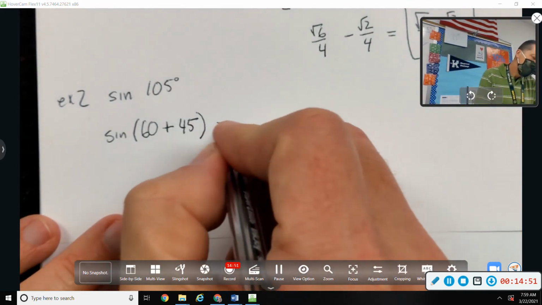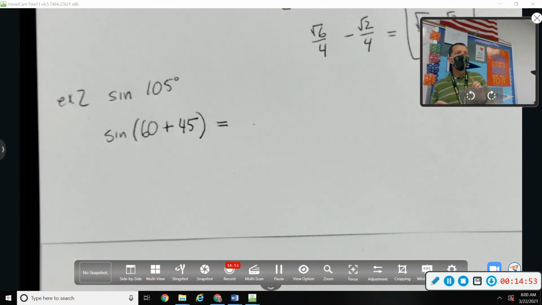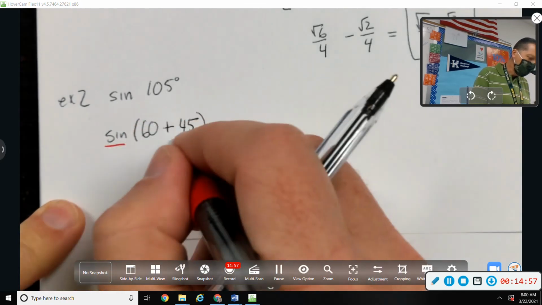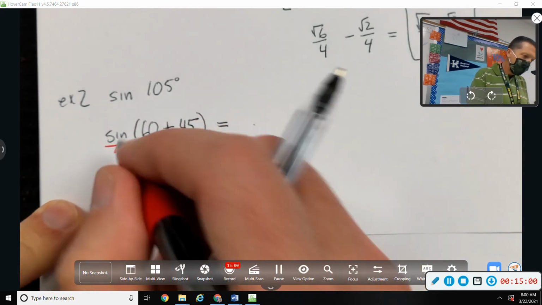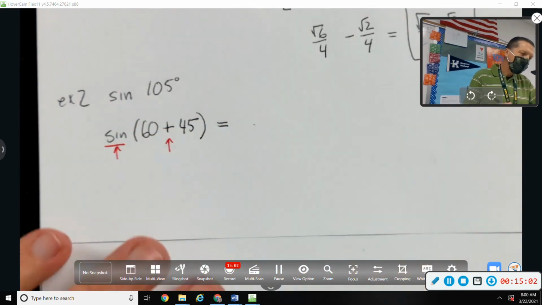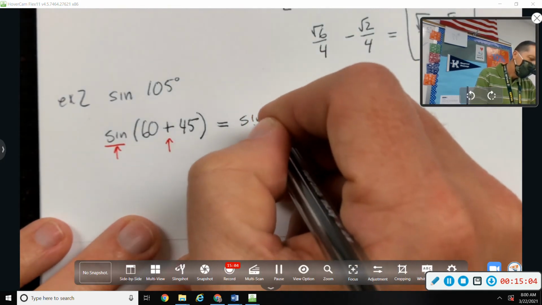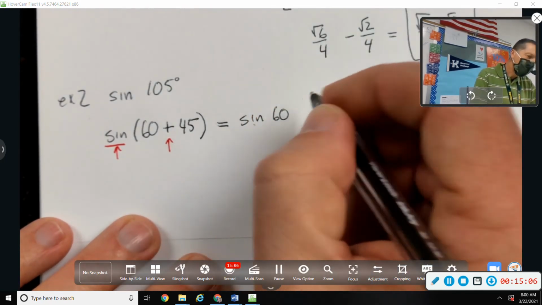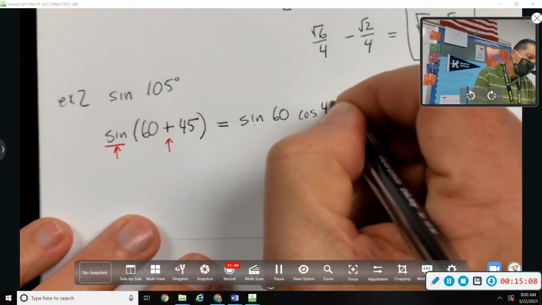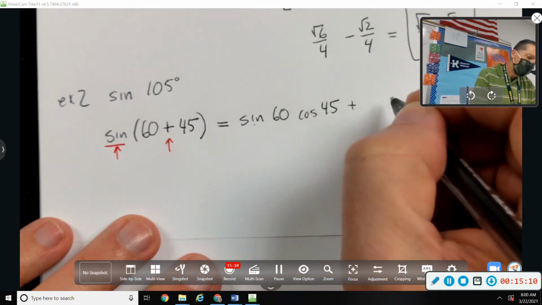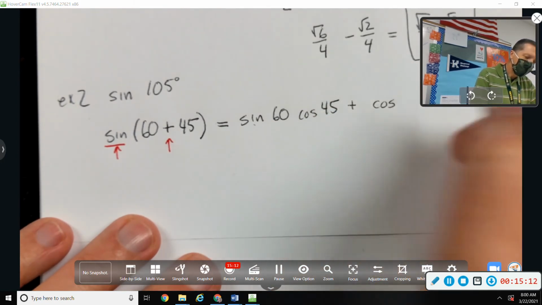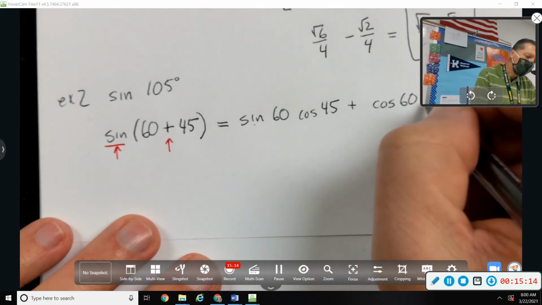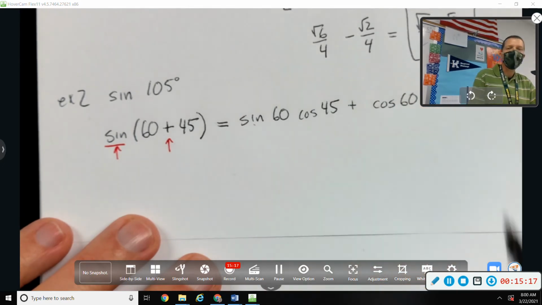So again, now we're referencing our formulas. We want a sine formula with addition. So that was the very first one we did. So sine of the first one, cosine of the second one, plus, vice versa, cosine of the first one, sine of the second one.